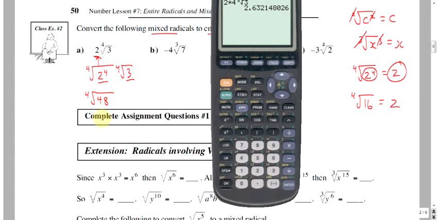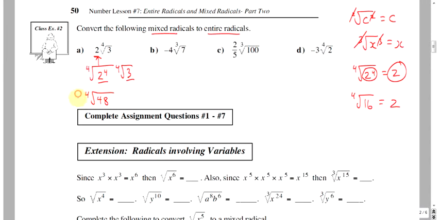So that better be the same as this, right? 4th root of 48. Aha. I know I got it right. It's the same number. All I'm doing is converting it from a mixed to an entire radical. There's no number in front of this, right? It's just a 1. 1 times the 4th root of 48.